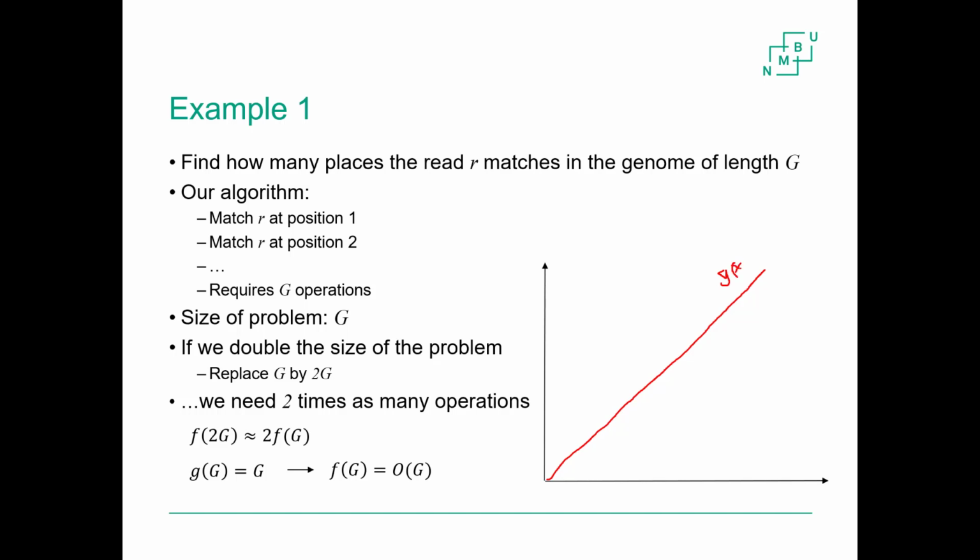This is now our G axis, since we use capital G for the problem size, not the x axis anymore. But this is how it grows. Double the size of the genome, double the amount of operations you need. A genome 10 times as big, you need 10 times as many operations.